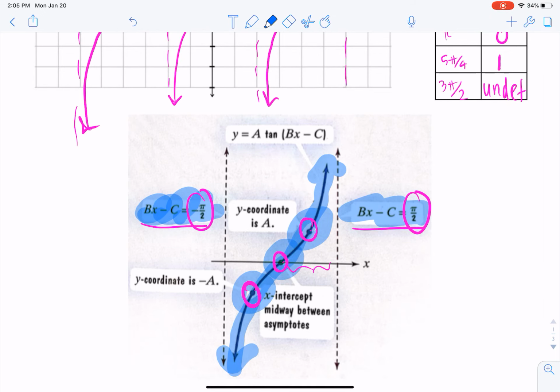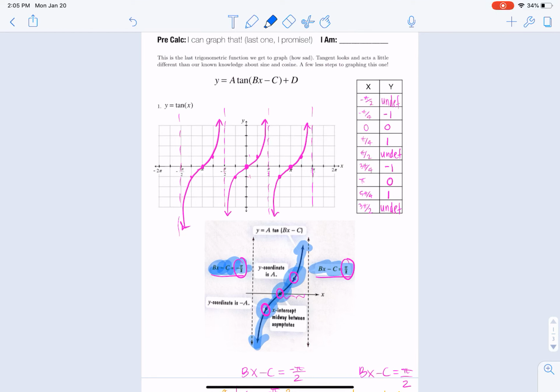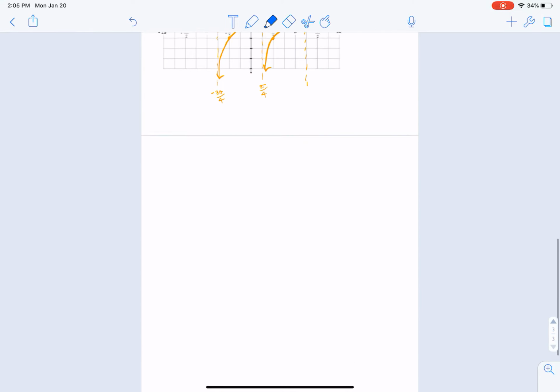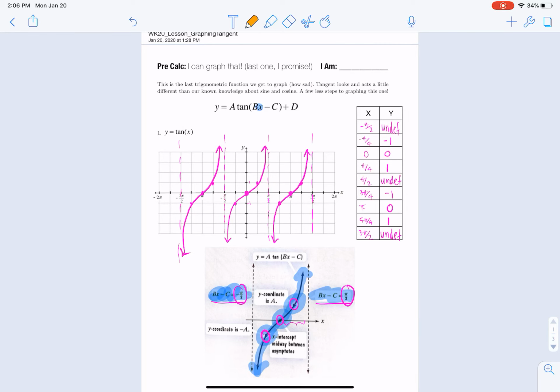Swoopy in between there. So another way to do this is certainly to go back and plug in my x values and evaluate, especially if we have some negatives that are flipped in here, makes my graph behave a little bit different.